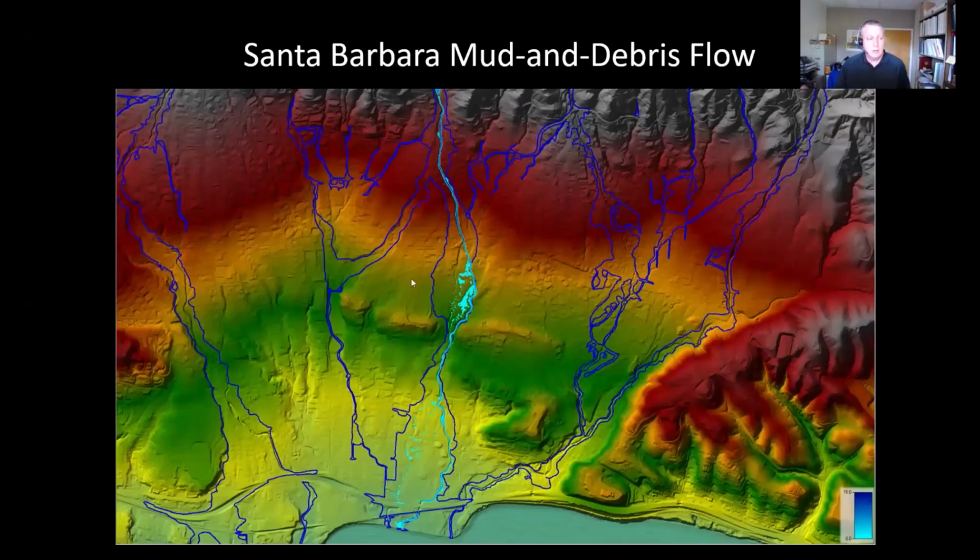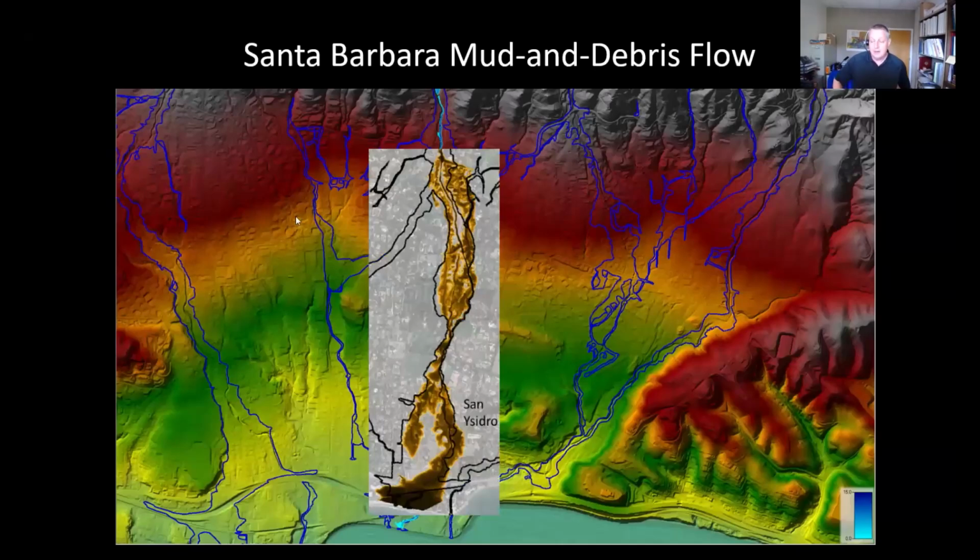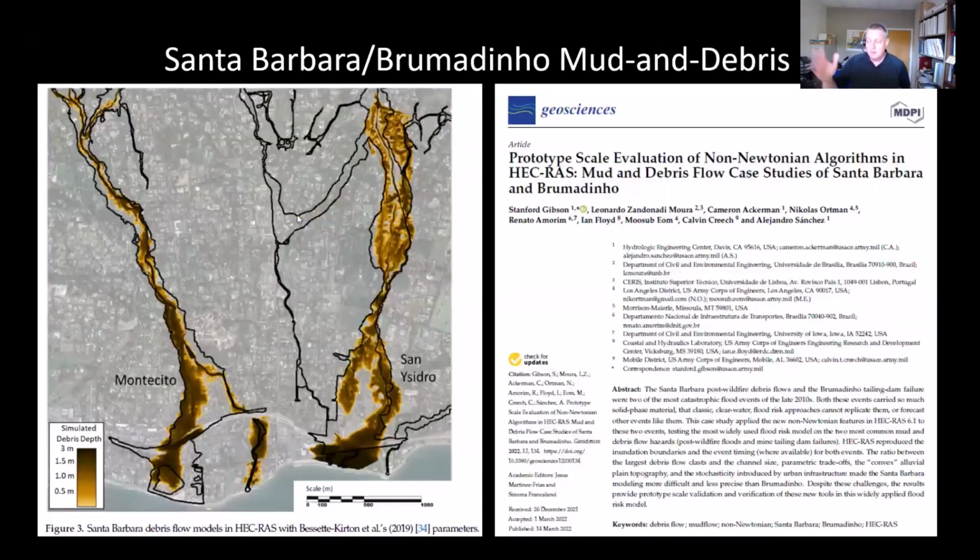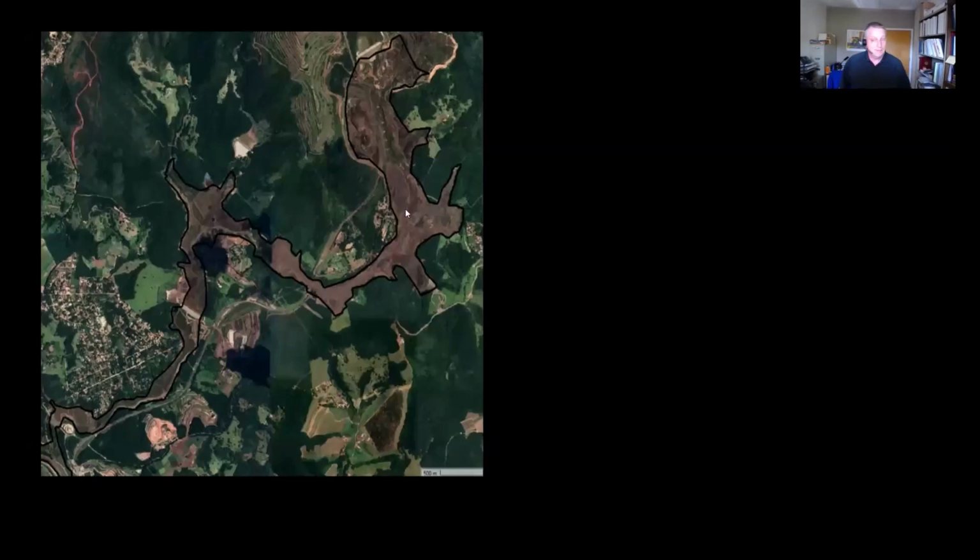That's when we got the support we had wanted for years to add non-Newtonian to RAS, and we were able to simulate this event much better. We have a paper on this event and Brumadinho, which were our validation cases in the field. That's really where I got into mine tailings dam failure.